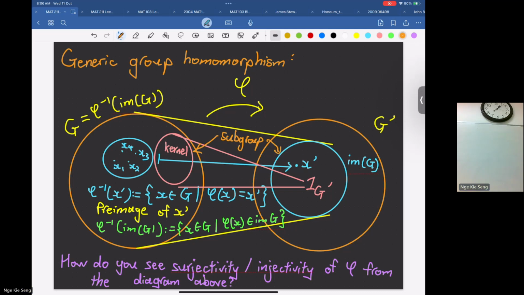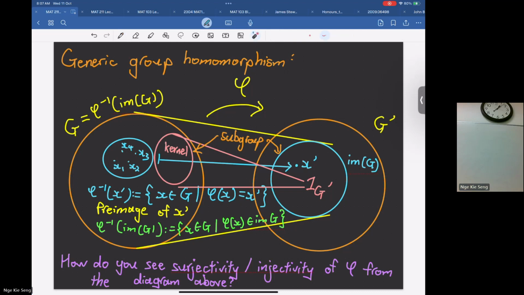The image of a homomorphism is also a subgroup. The image of a group under a homomorphism is also a subgroup. So these are natural ways to get subgroups.